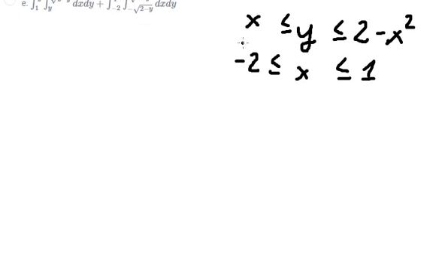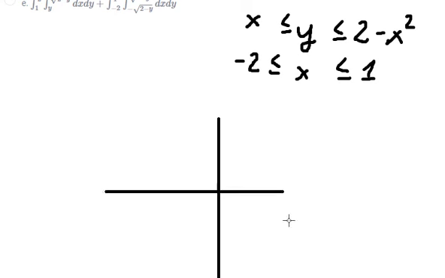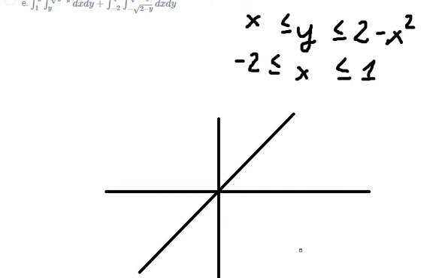Now we need to plot y equals x and y equals 2 minus x squared. This one is about y equals x, and this one is about 2 minus x squared. If we put negative 2 here, this location in here is about negative 2, and 1 is about this one.